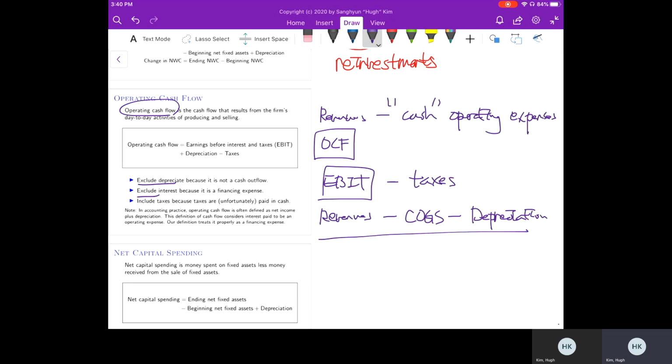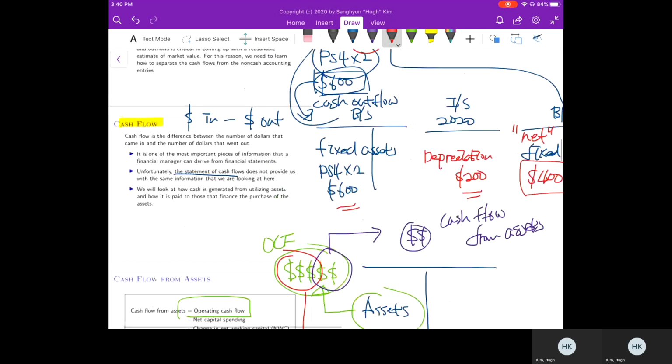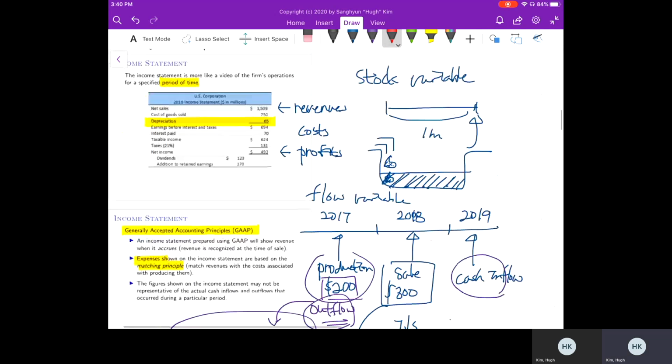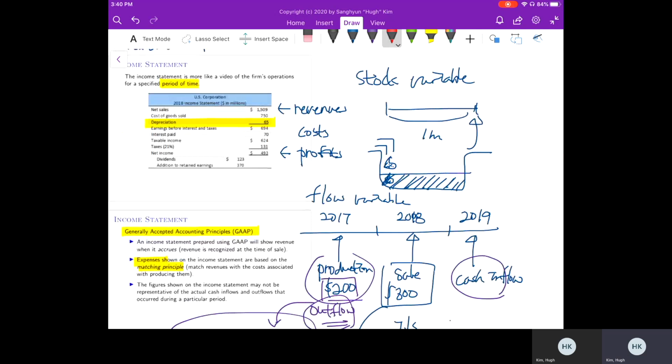So that is EBIT. So we add back depreciation to undo this. Okay? So that is operating cash flow. So let's look at our example to see how this works. Let's move up here to see the income statement.